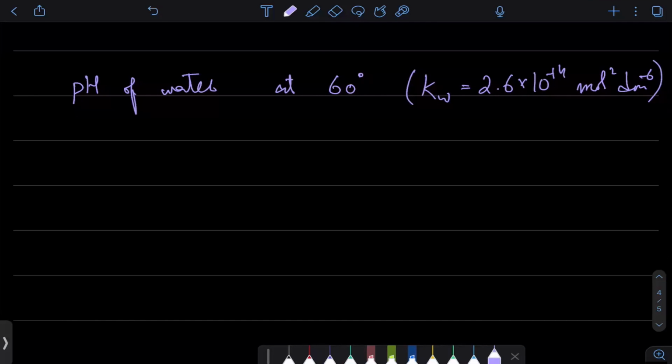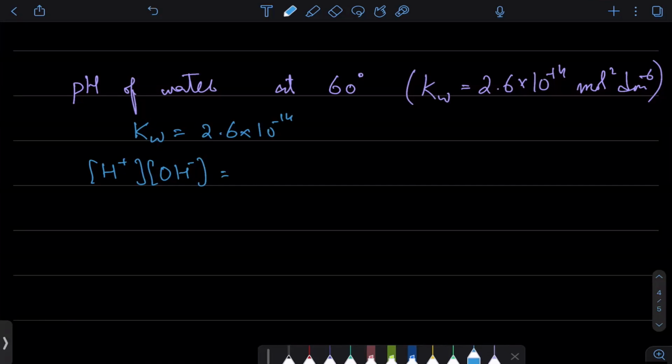So here's what you can do. Again, there are two ways to do this. One is you first figure out, Kw is this. So Kw is 2.6 times 10 power minus 14. And Kw is nothing but H positive times OH negative. Because there's no other source of OH minus or H positive.